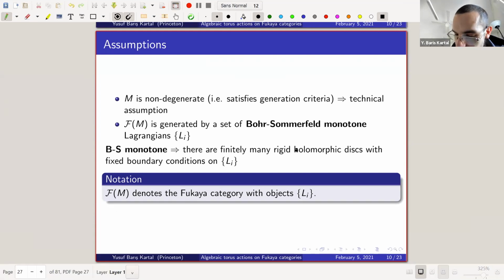So the condition that Mohammed uses, for instance, in the generation paper, is that you can define the Hochschild homology of the span of Li here, or a span of a set of Lagrangians.